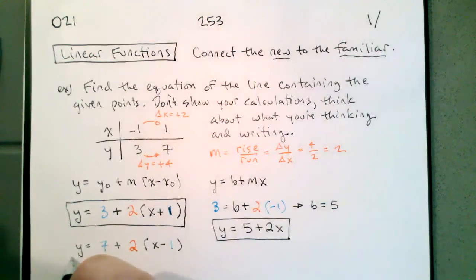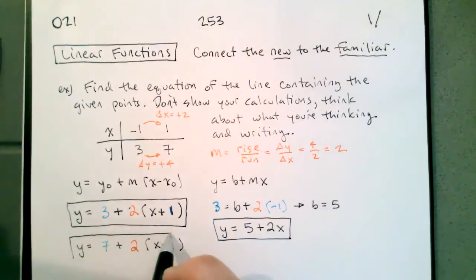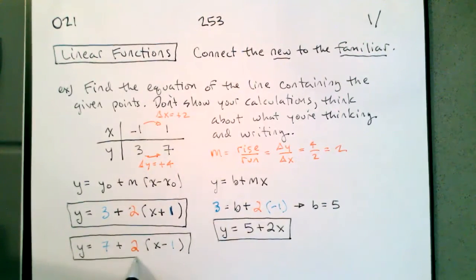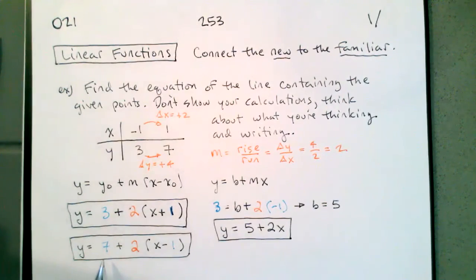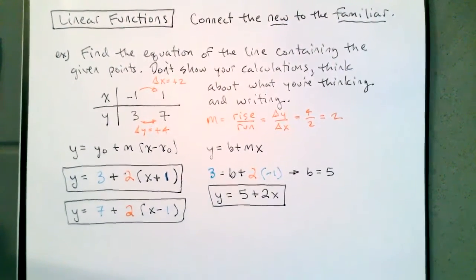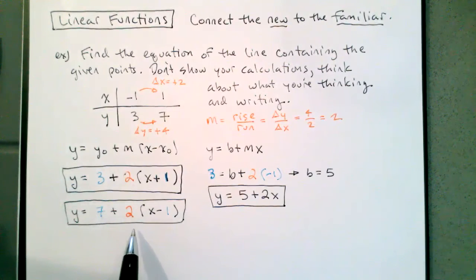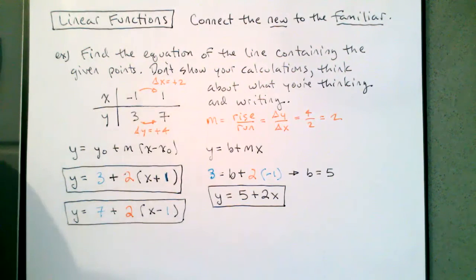The main thing that we want to notice here is the structure. We start off with a number indicating where y begins, and then we write the +2 is what's happening to y. So in this equation, the y starts off at 7 when x is 1, when there's no change. So this point is saying y is 7.